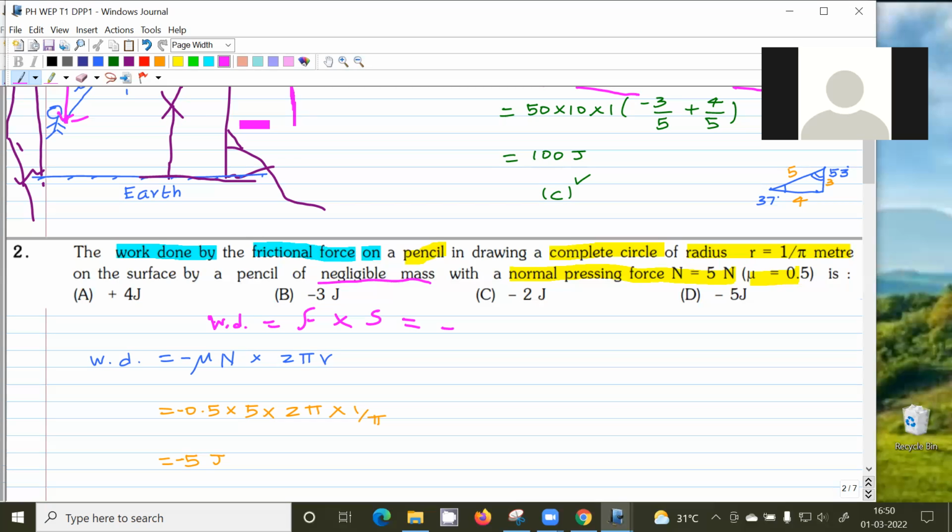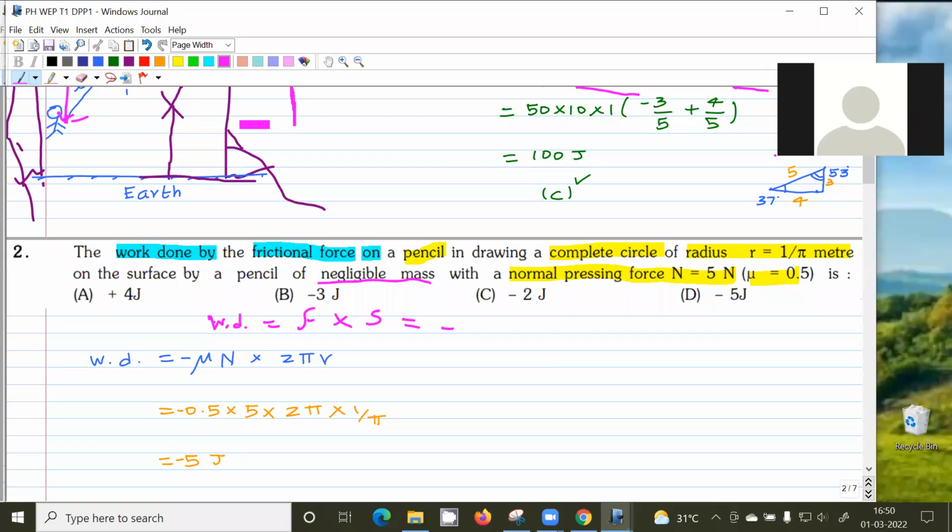Got it? Your mic is off. Okay, they have given negligible mass, no? Why have they given that?